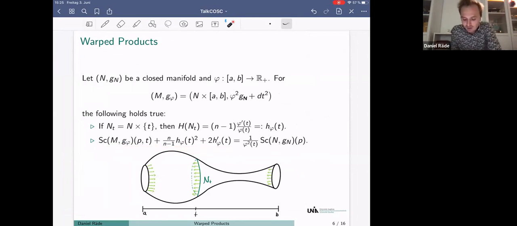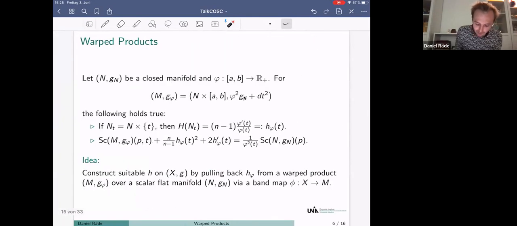As I said, you have equality if you choose a scalar flat manifold, and we're also going to do that. So N_g_N will be scalar flat, then we have a 0 here. The idea is that if you start with a Riemannian band, you can construct suitable potential functions by pulling back h_phi from a warp product M_g,phi over a scalar flat manifold, such that we have a 0 here. This will always be 0.